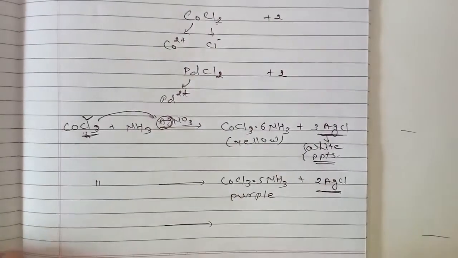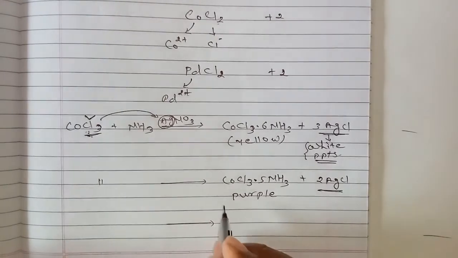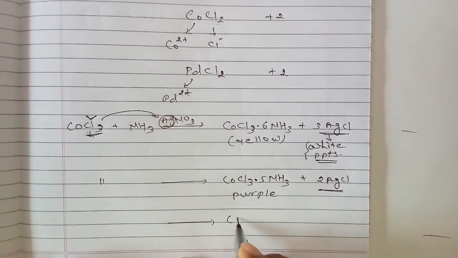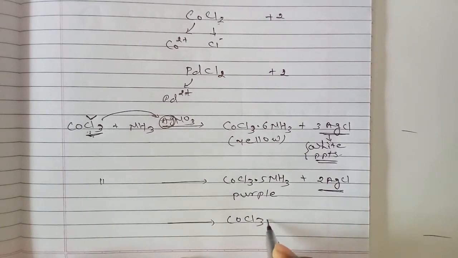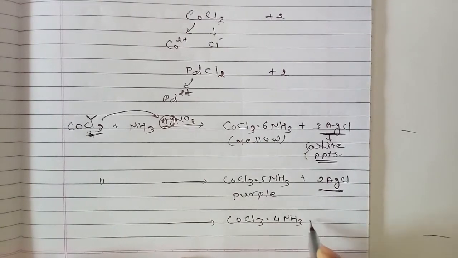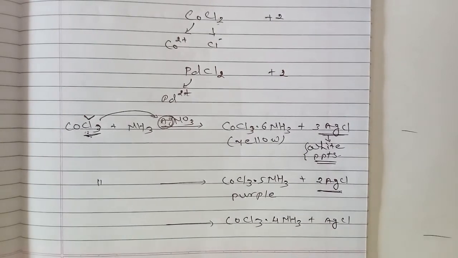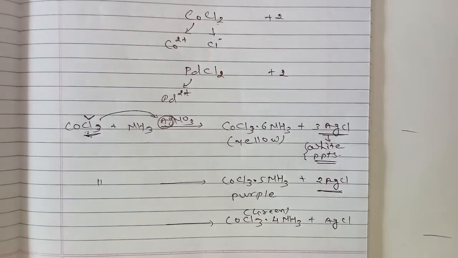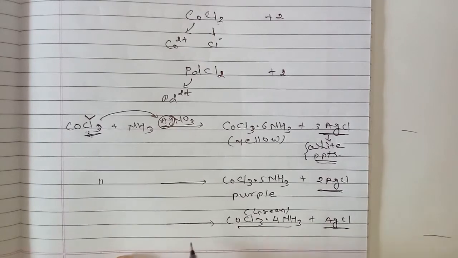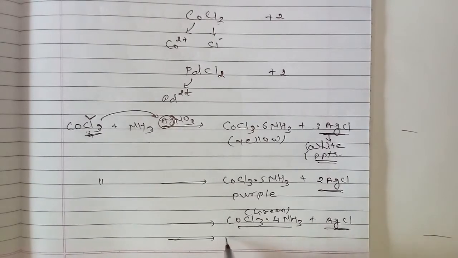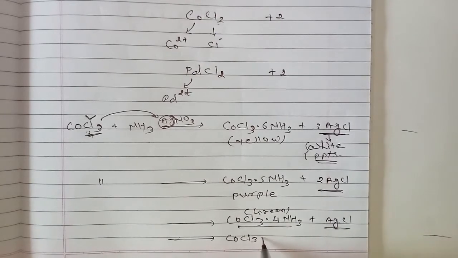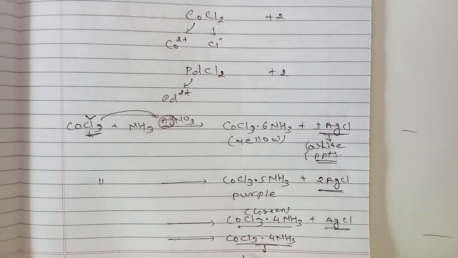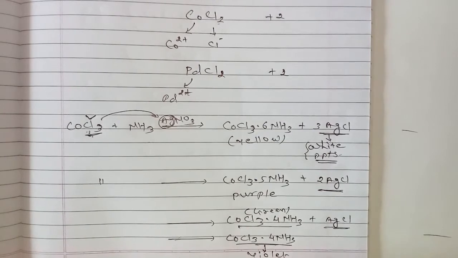Then in the third experiment, CoCl3 with 4NH3 and 1 mole of silver chloride is formed, which is green, and white precipitate. In the fourth experiment, CoCl3 and 4NH3, but it is green violet in color, and 1 mole of AgCl is formed.